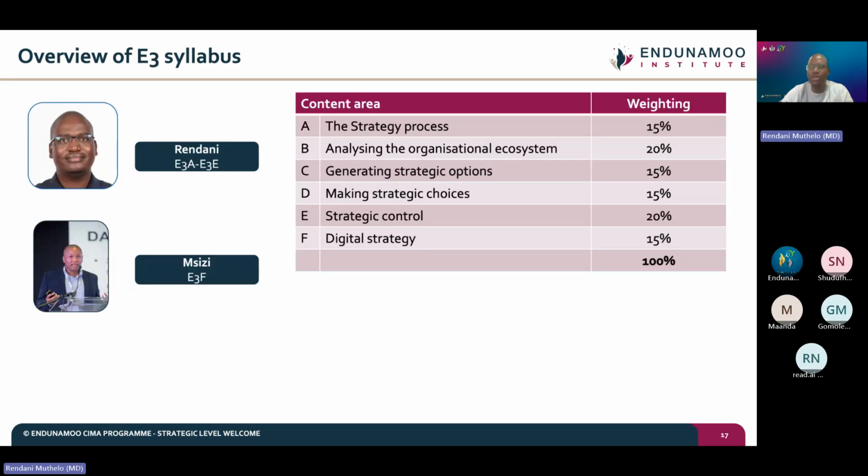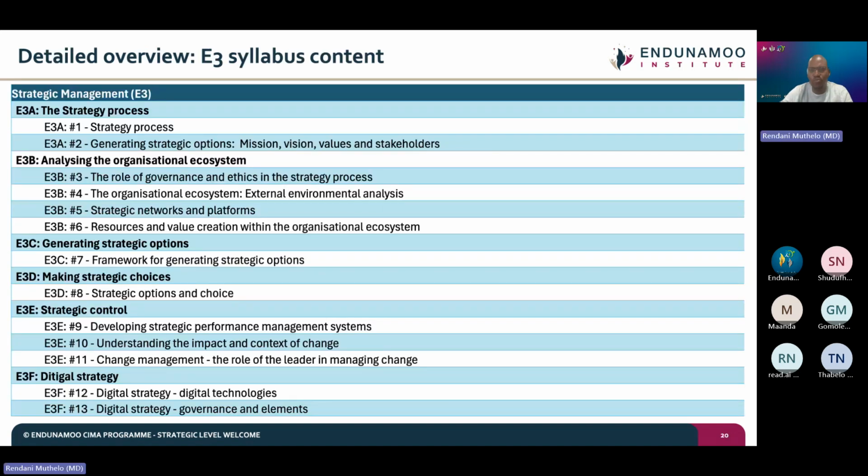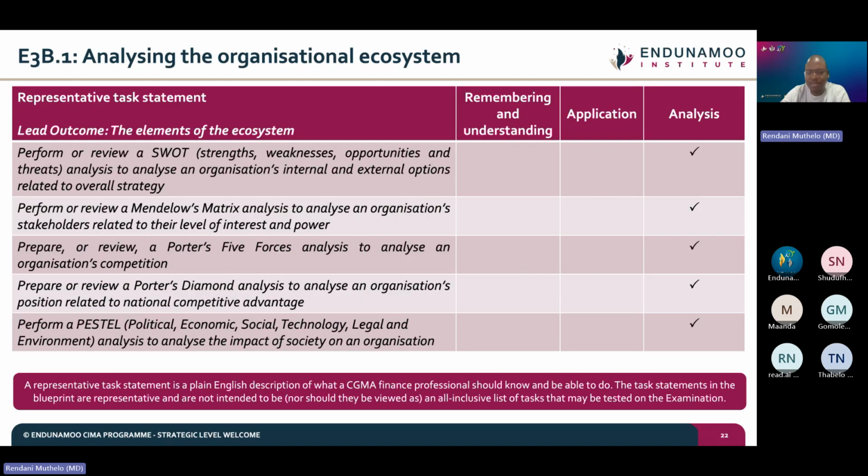So what are we going to be doing here? This content area will clarify that. Then where will our focus be? The weighting. And what will the coverage be for each, then the overview and the topics, as well as the outcomes, being the lead outcome and the component outcome, and finally, the representative task in the objective test.